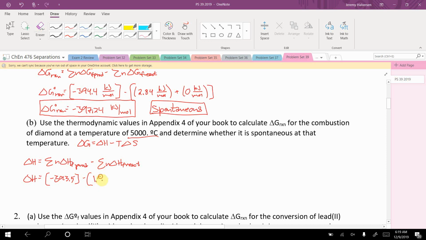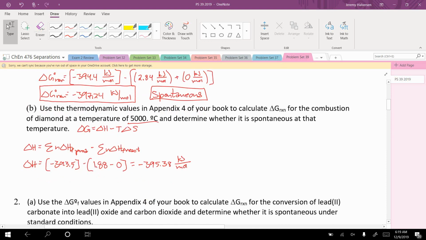Carbon as a diamond is 1.8 minus 0 for the pure element. That gives me the delta H. The units on all those values were kilojoules per mole.